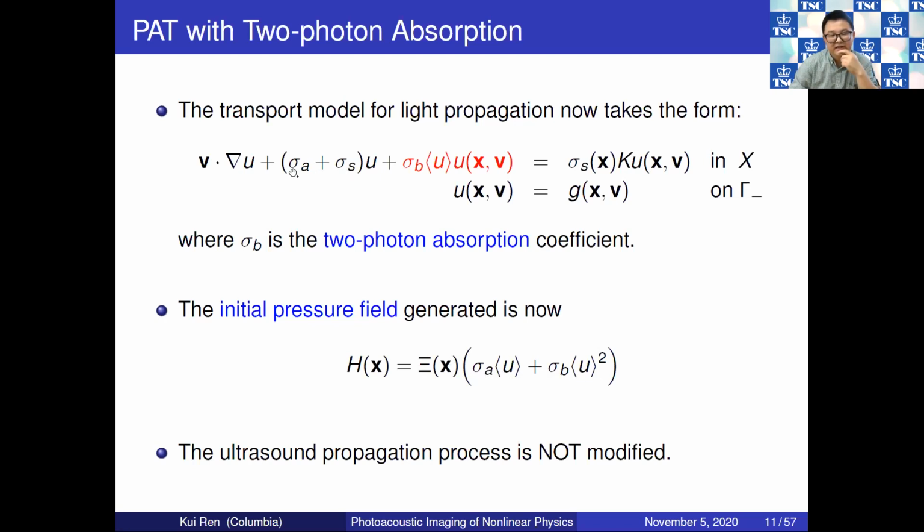If you look at what we have in the equation, we have a term that looks like sigma_A times U plus sigma_B times U squared. What is the difference? The term in the equation has a U that is not the average of U, but in the data you have this average, because the heat generation process only depends on the average, not the specific traveling directions of the photons. So this is where the major problem is for the analysis.